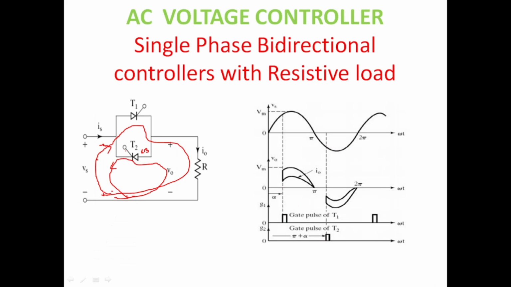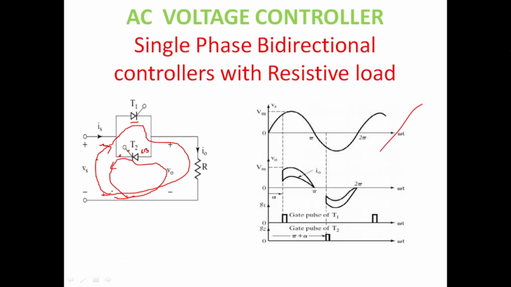As soon as you apply a gate pulse between gate and cathode, in the positive half cycle, the thyristor T1 is turned on, so my SCR T1 is conducting.